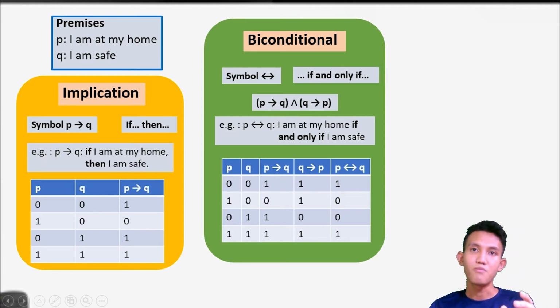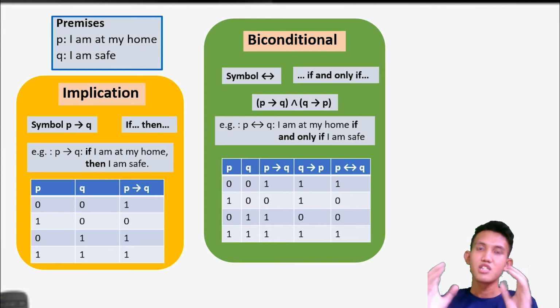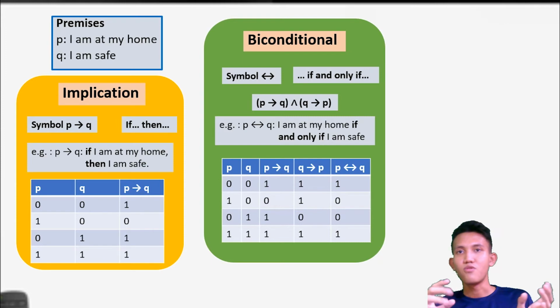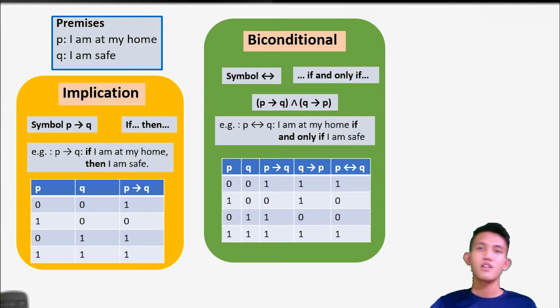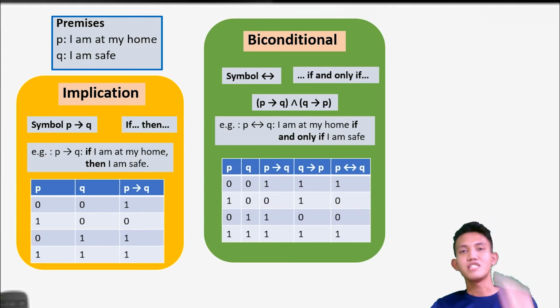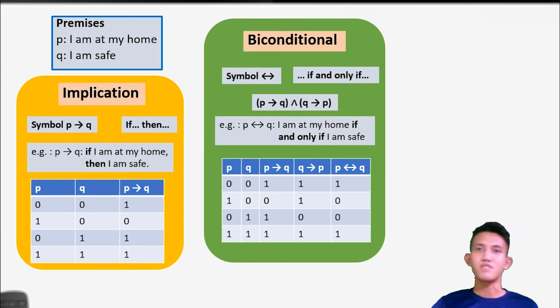So P implies Q equals 0 and Q implies P equals 1, so P biconditional Q is 0, because we don't get both true values. So the biconditional is false.